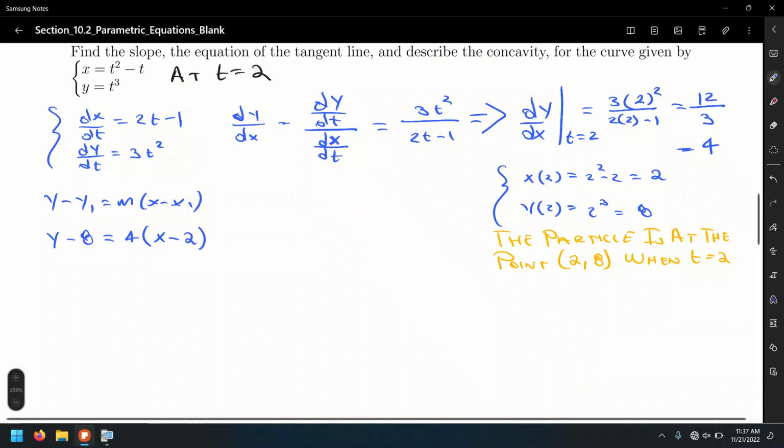You know the drill to simplify: distribute the 4. y minus 8 equals 4x minus 8, and we can cancel these two 8s, and that's going to give us the line y equals 4x. All right.